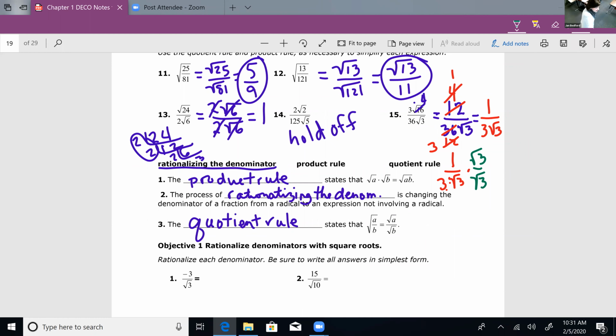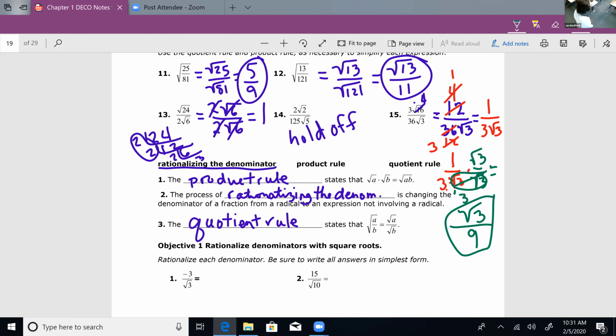It's just 3. So these two multiplied together just turn into the number 3. And now, when that gets cleaned up, 1 times the square root of 3 is the square root of 3 on top, over 3 times 3 is 9 on bottom. That would have been the simplified radical form after we rationalized the denominator on number 15.